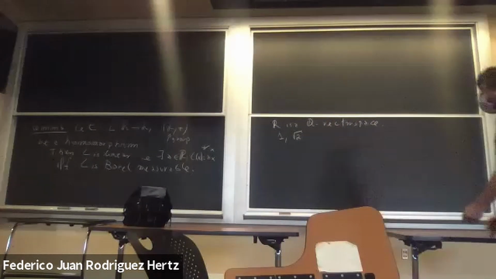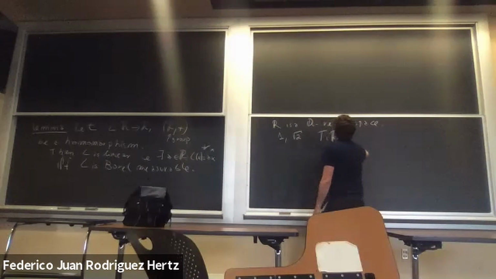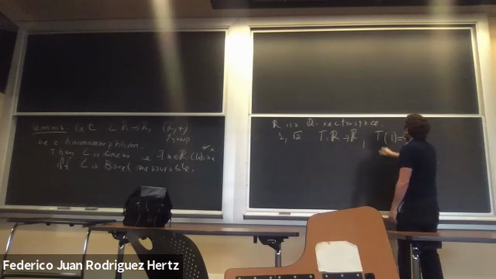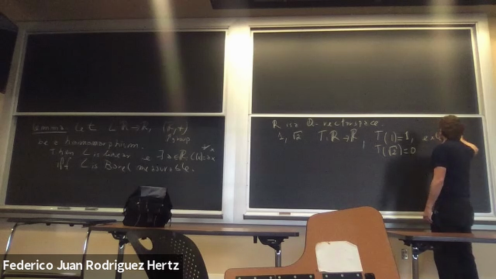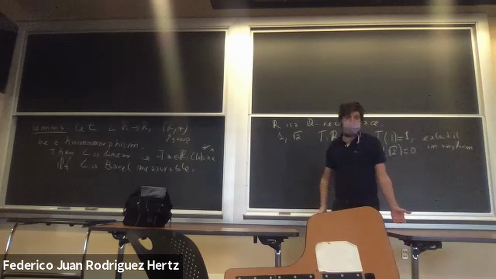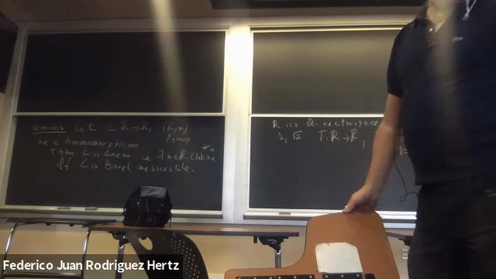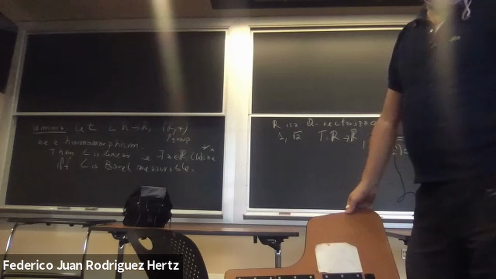Once I have that, I can build T from R to R, with T of 1 equal to 1, and T of square root of 2 equal to 0, and then extend it. This way I build a homomorphism which maps 1 to 1, so it has to be the identity if it were linear, but it sends square root of 2 to 0, so it cannot be linear.